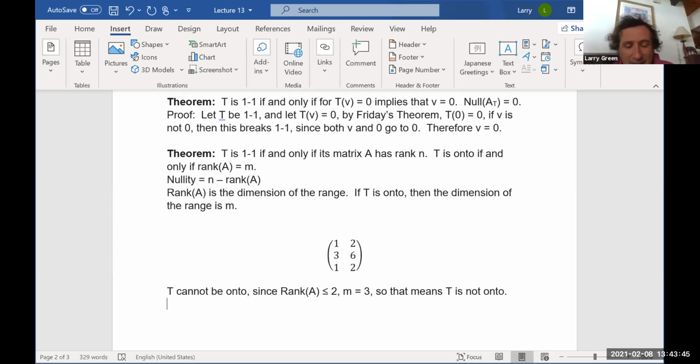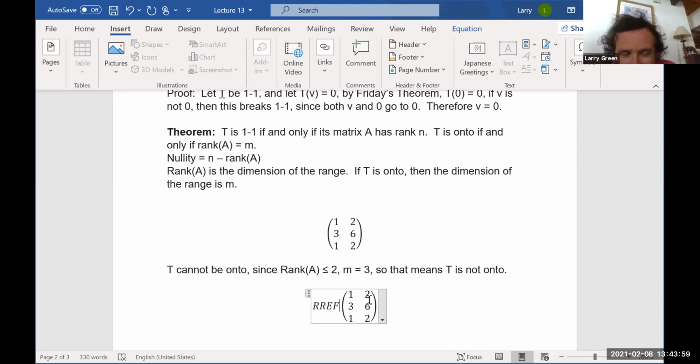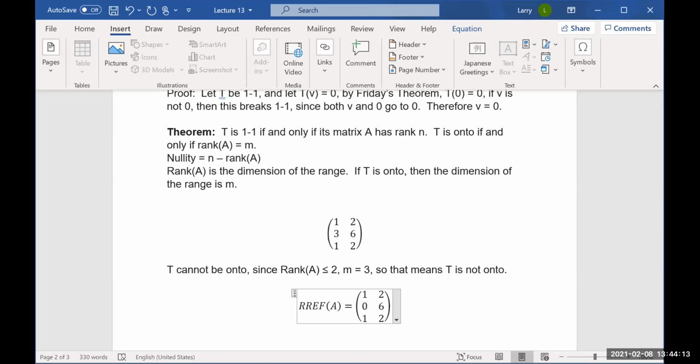Yeah, in particular, what I can write, and we're used to doing this, I try to make it really easy. REF of A is equal to what? 1, 2, 0, 0.